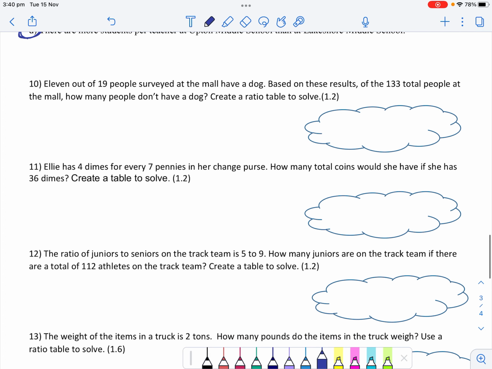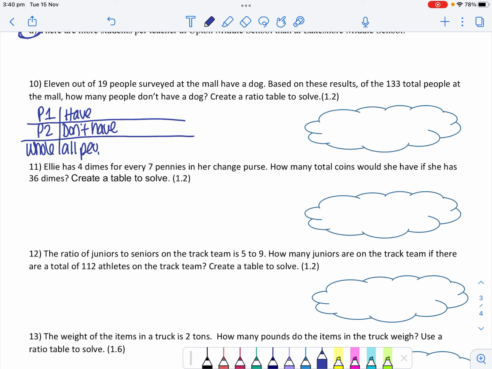Number 10 says 11 out of 19 people surveyed at the mall have a dog. Based on these results, of the 133 total people at the mall, how many people don't have a dog? This is going to be a part whole table. So I'm going to have part 1, part 2, and whole. So I'm going to have a dog, don't have, and all people. So 11 out of 19 have a dog.